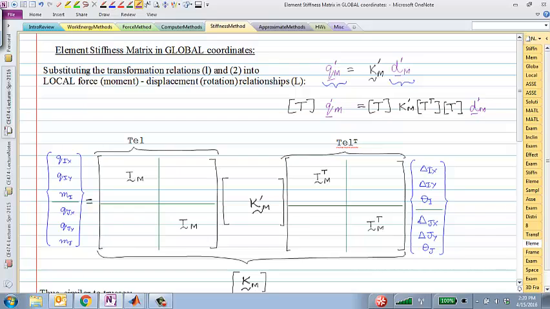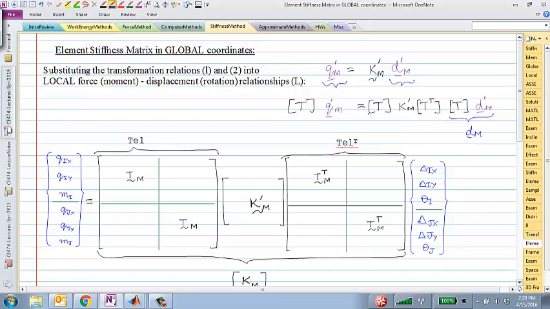So hopefully you see the pattern here. This guy here is dm in the global coordinate system, right? If I take the local displacement or force vector and pre-multiply with T, I get global.